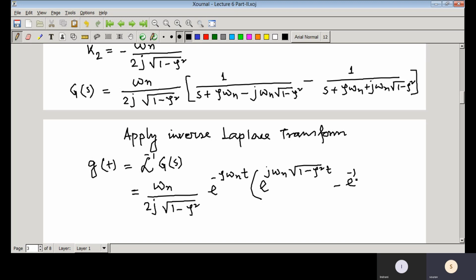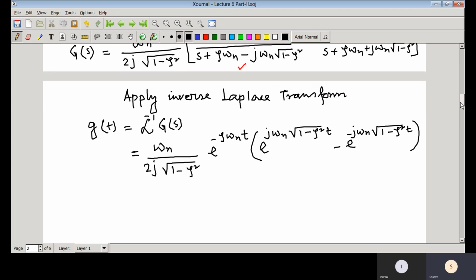So if you are confused about this inverse Laplace transform, I suggest you see some standard book, and from there you can see, if you take the inverse Laplace transform of this one, it is just like this one. So here this is the term, only thing is you have that complex conjugate pole. So then you can have it in exponential form, very simple and easy to understand.